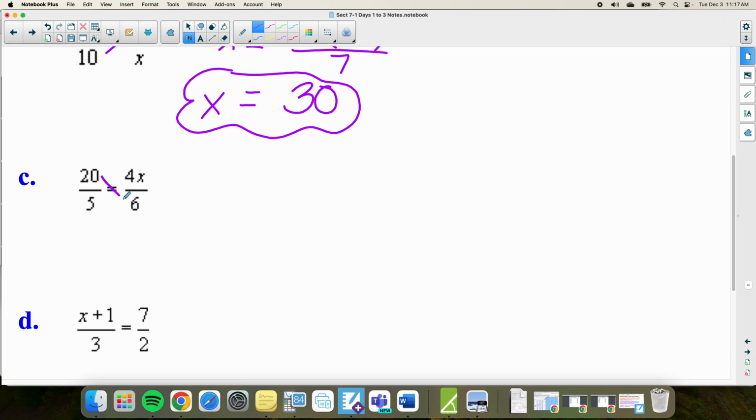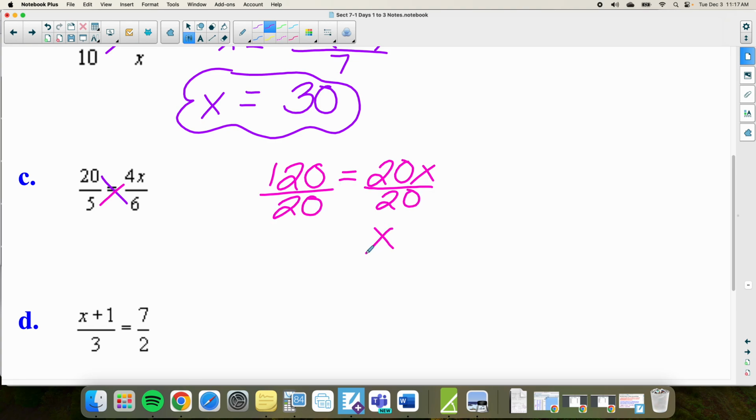So I would multiply these 2 still, and 20 times 6 is 120, and then I would multiply this, and 5 times 4x is 20x, and then I would just go ahead and solve it by dividing by 20. 120 divided by 20 is 6, so that's your answer.